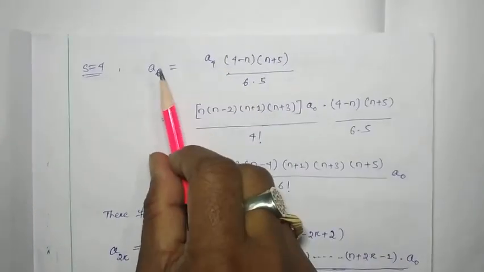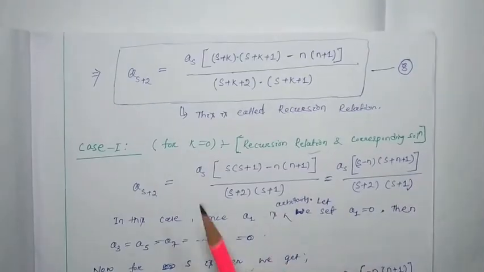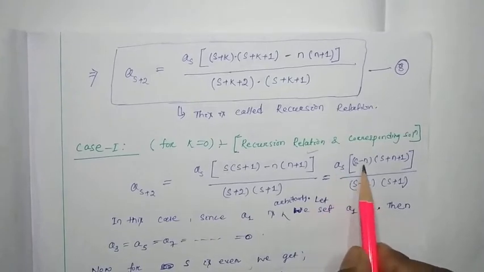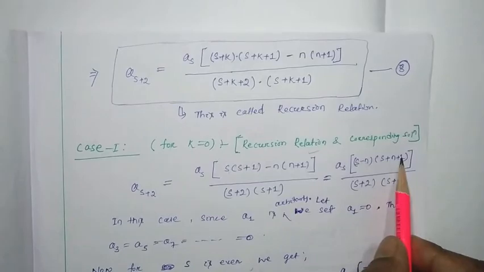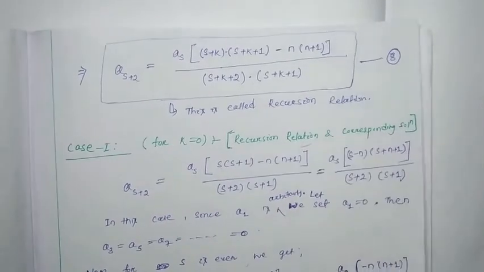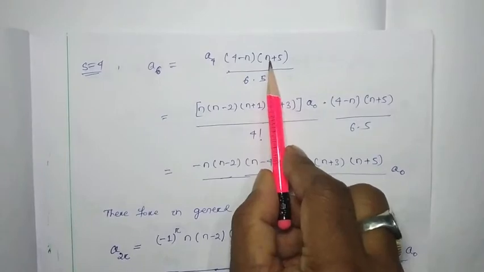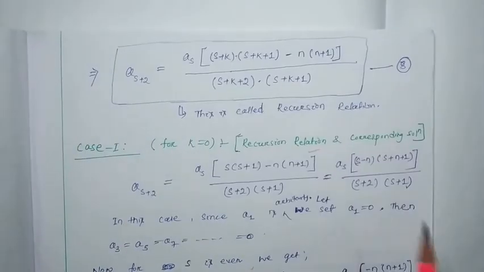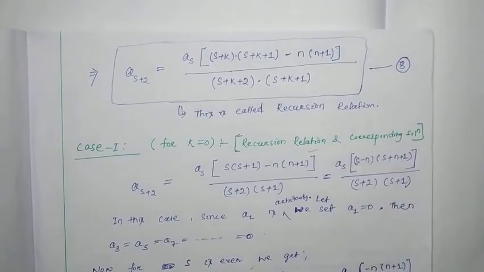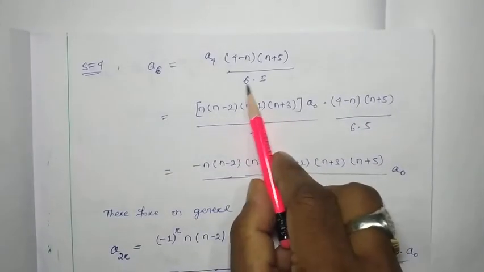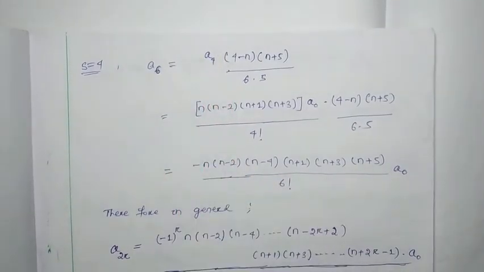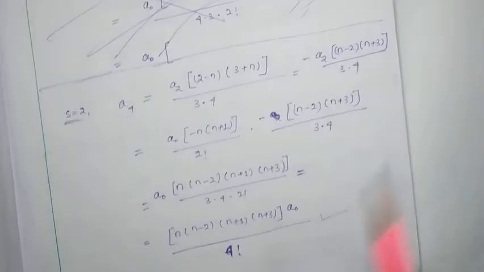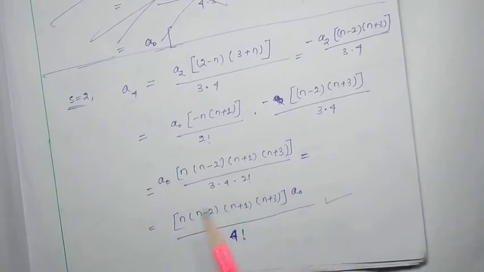So a6 will be equal to, see, a4, we are going to consider 4 minus n, here 4 plus 1, 5, n plus 5, 4 minus n into n plus 5 whole divided by 4 plus 2, 6, 4 plus 1, 5, 6 into 5. Okay, now we have to just put the a4 value we got on the last page, this one. This belongs to your a4 value. I have just substituted it over here.